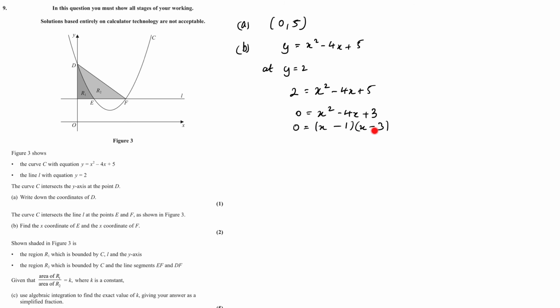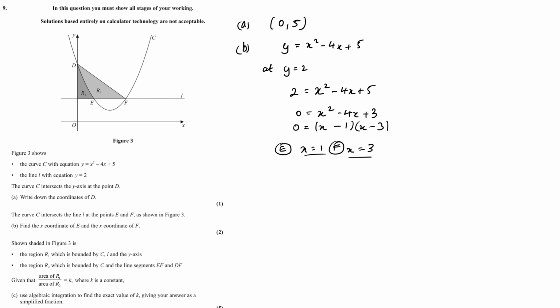So x squared minus 3 minus 1 is minus 4, and minus times a minus is positive 3. So I have x equals 1, x equals 3. So it asks me for the x coordinate of E and the x coordinate of F. So that is E and that is F there. And that is it for part B.